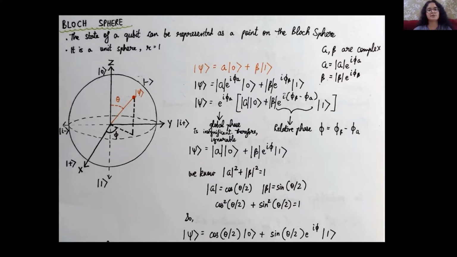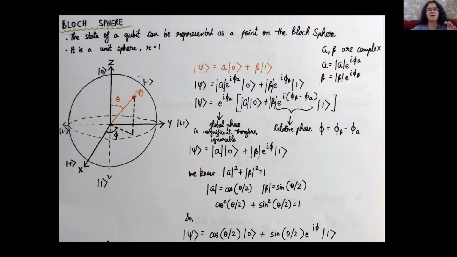We know the equation of a qubit from previous videos, that psi ket is equal to alpha ket 0 plus beta ket 1. Why? Because when we haven't measured a qubit, it's like a coin which has been tossed. It's neither heads nor tails, it's something in between.